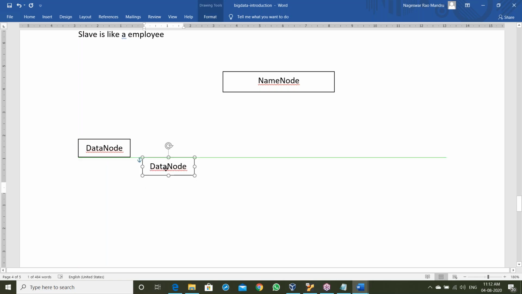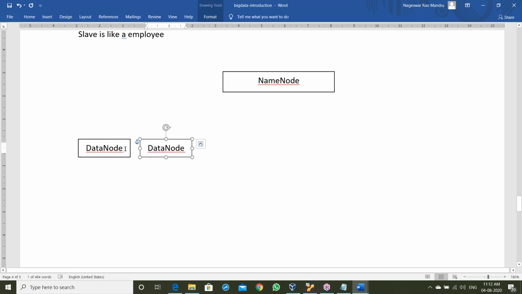Next, data node 1, data node 2. In shortcuts we can write NN for name node and DN for data node.